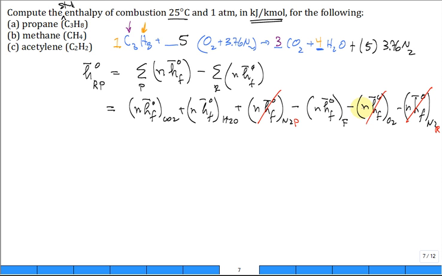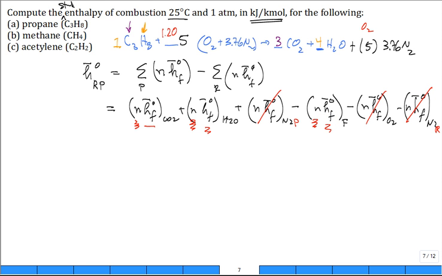So it really didn't matter if you had 120% theoretical air, because all that does is put some O2s over here and more N2s. But if you're computing the standard enthalpy of combustion, it's really how much CO2 and its enthalpy of formation, how many H2Os and enthalpy of formation, how many fuels, that's 1, and the enthalpy of formation of the fuel.